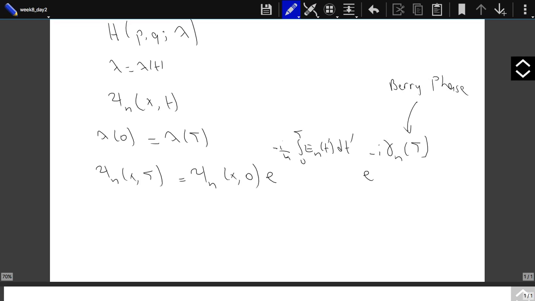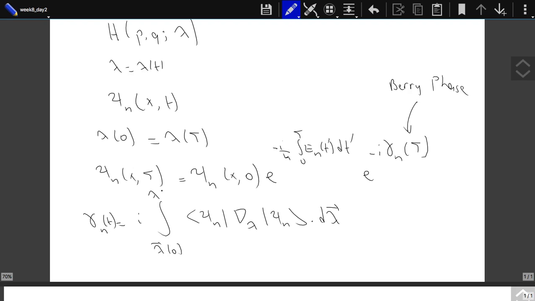And we had seen that the Berry phase we can write as i times the integral of psi n, gradient with respect to our parameters, psi n d lambda. For any time t, you start from lambda 0 up to lambda t.